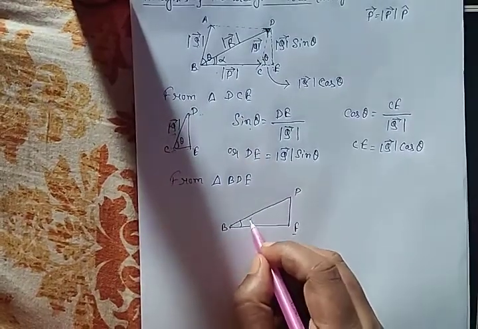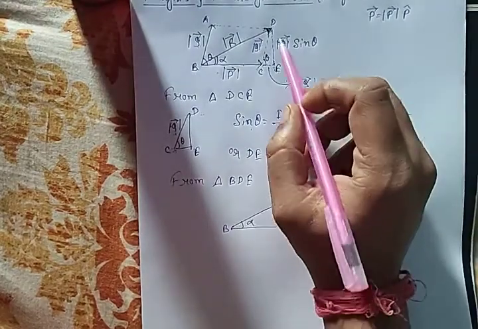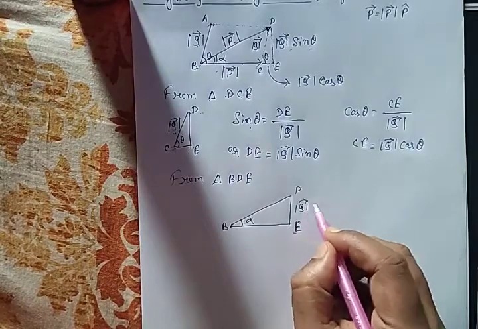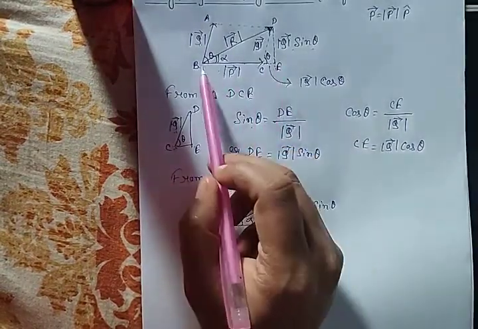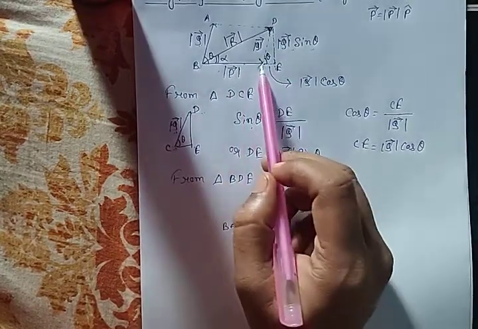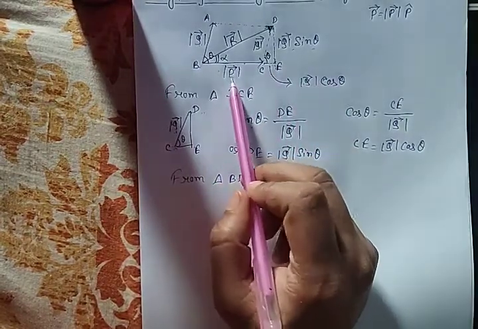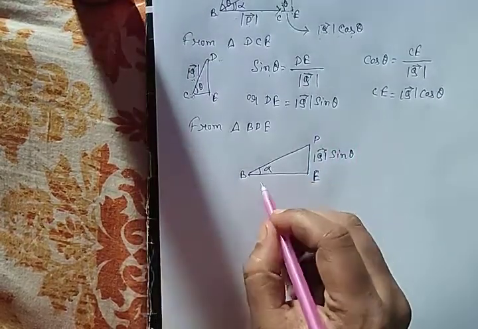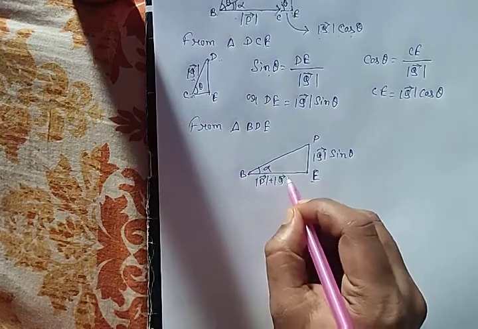Now, what is the value of the DE arm? We found out that the value of the DE arm is mod Q sin theta. And what is the value of the BE arm? From B to C, the value is mod P, and the value of CE is mod Q cos theta. So the value of the total BE arm is mod P plus mod Q cos theta.